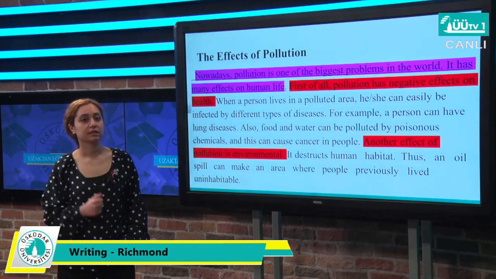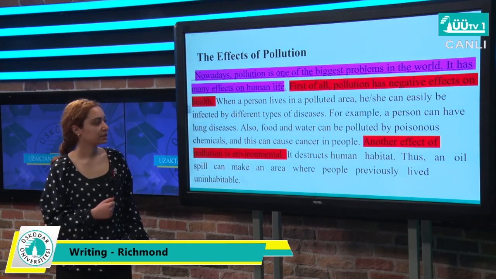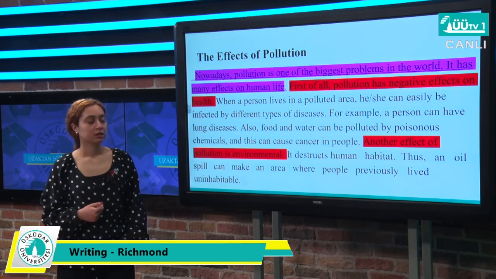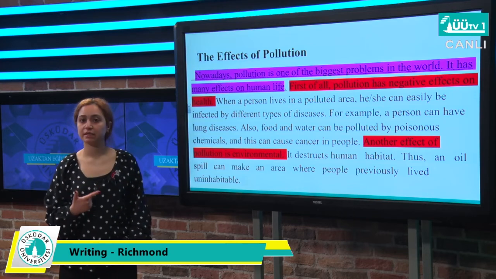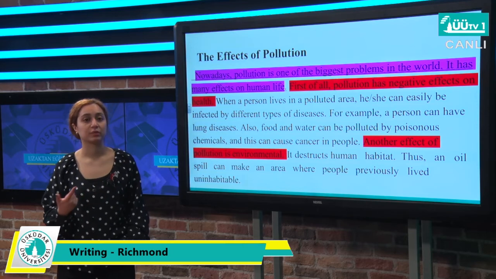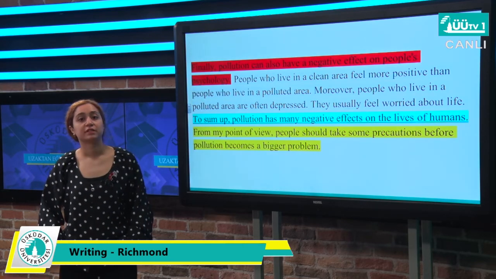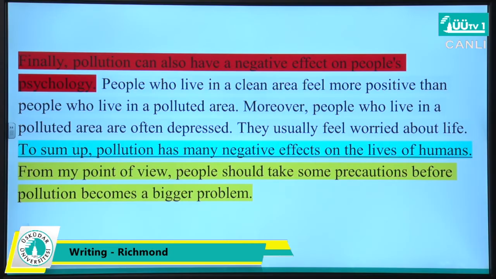In our second supporting sentence, we talk about the effects on environment. So, our second aspect is environmental aspect. And we have the third supporting sentence. It talks about the effects on psychology. So the third and the last aspect is psychology.